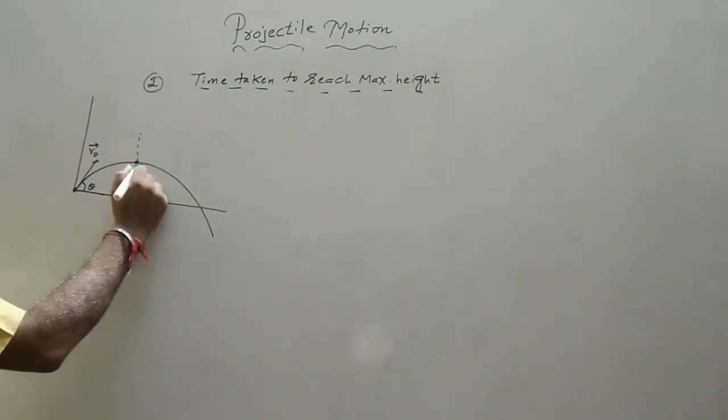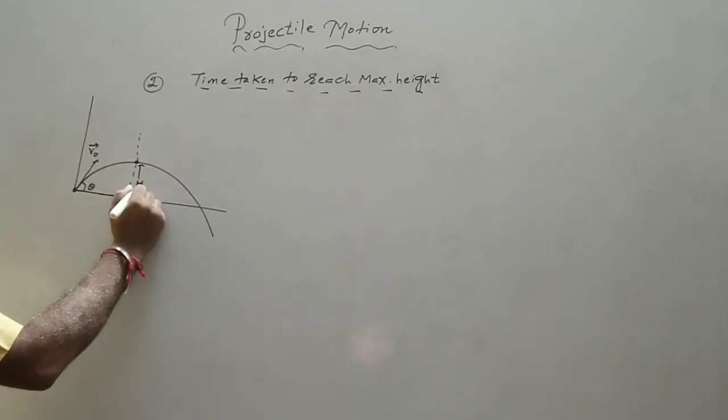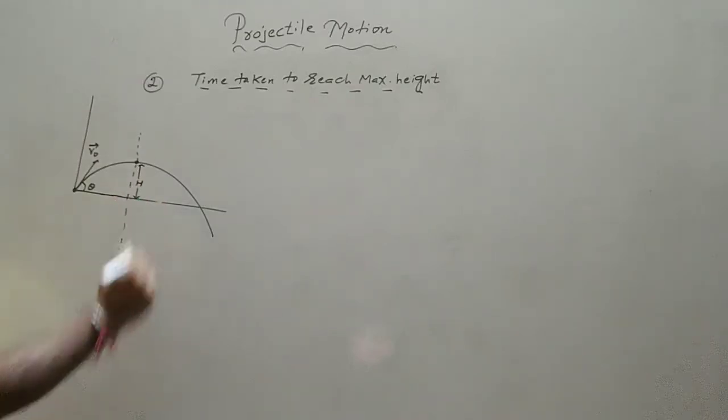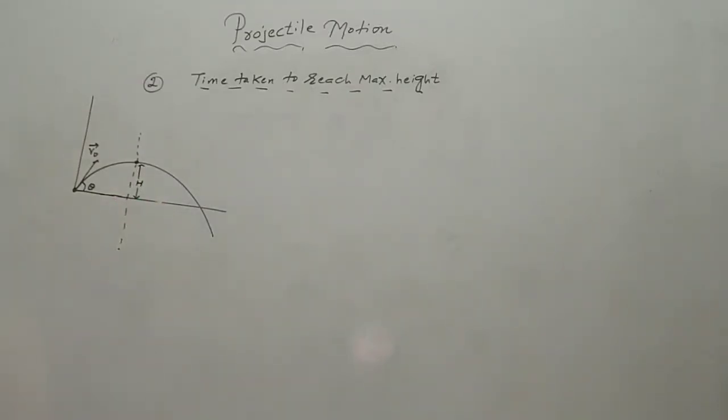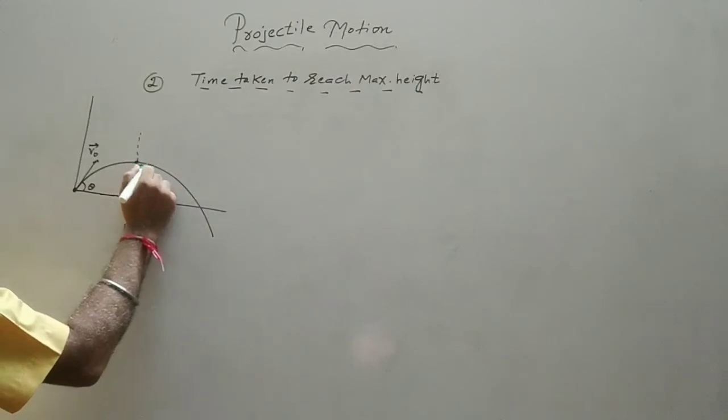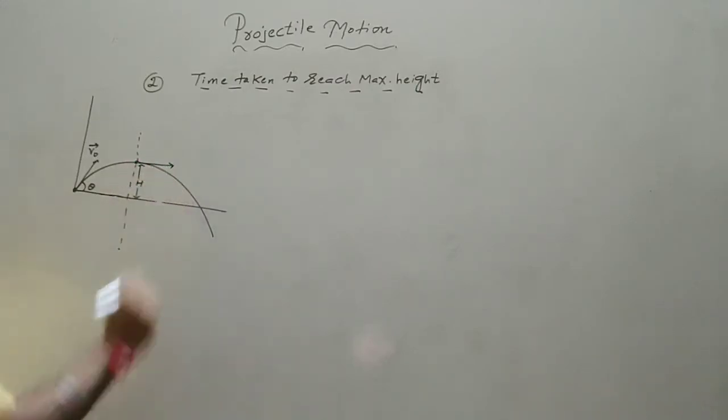The vertical position will later on be denoted by h. Now at this point, the velocity is along the tangent, that is along the x-axis.